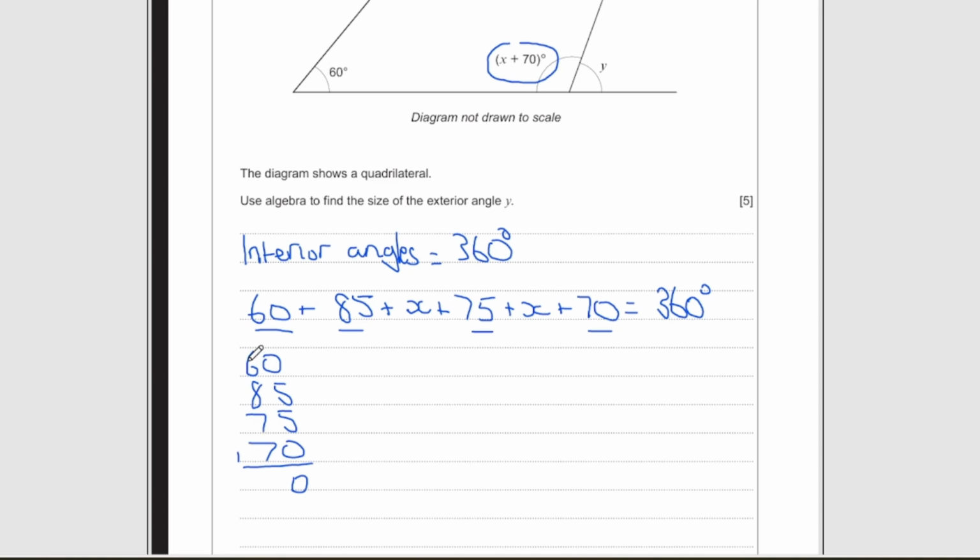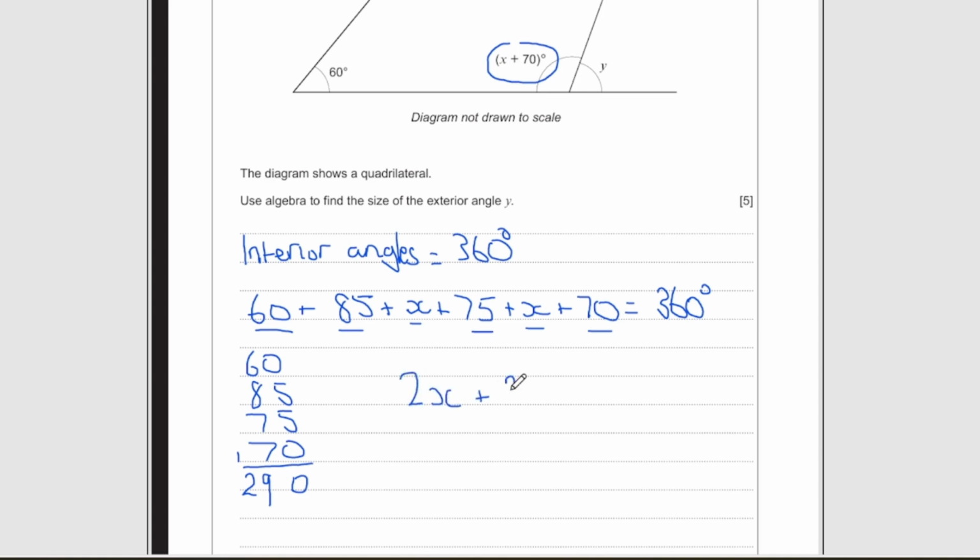Carry 1. 6 plus 8 plus 7 plus 7 plus 1 is 29, so 290. We've got x and x, so we've got two lots of x, 2x.